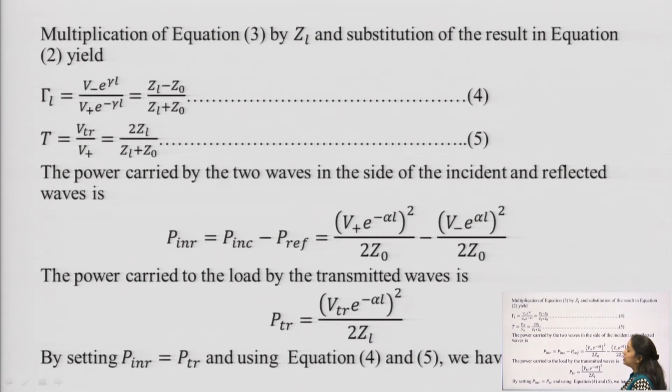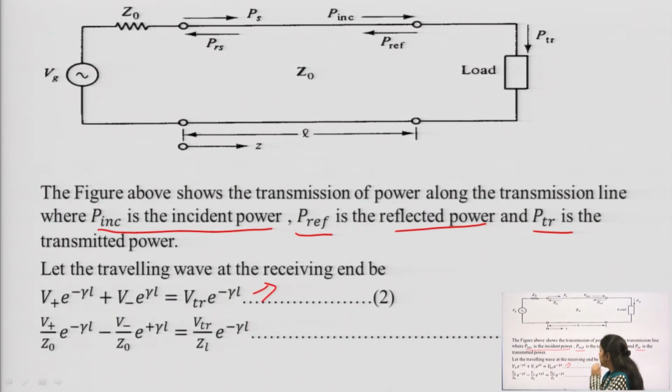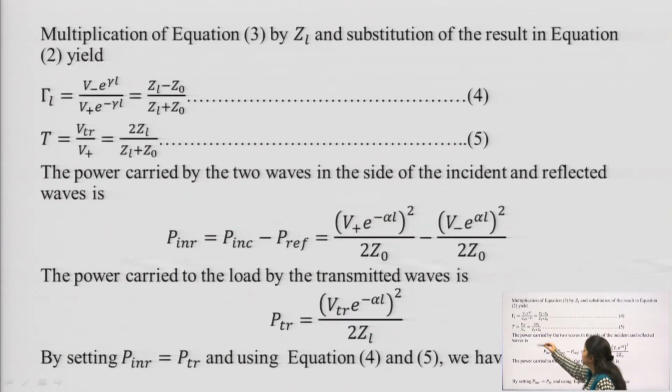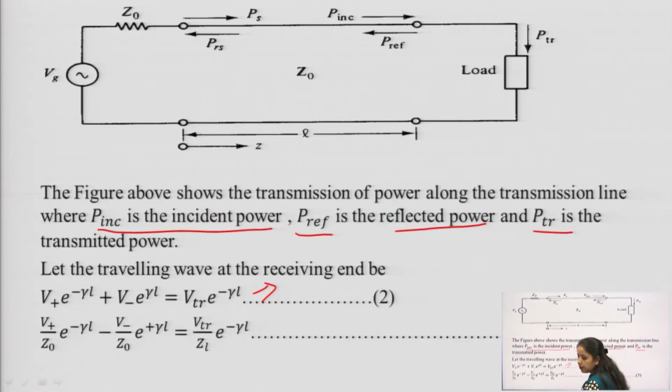We have to basically find out the expression of T, that is VTR upon V plus. For that purpose, we will first multiply equation 3 by ZL.